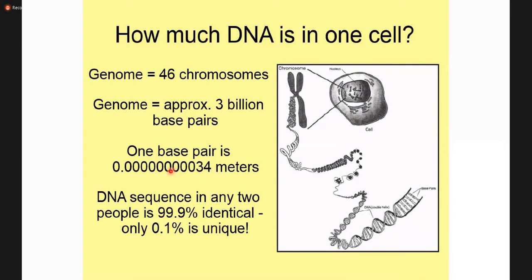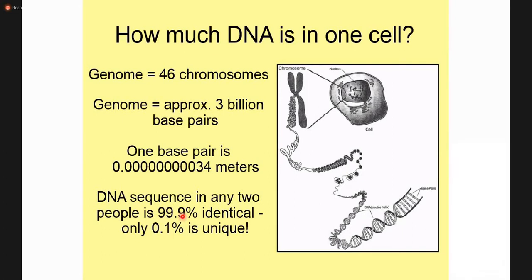One base pair is approximately 0.000034 meters, and the DNA sequence in any two people is 99.9% identical, whereas only 0.1% is unique. So what you need to understand here is that we exactly have 46 chromosomes, approximately 3 billion base pairs, and the DNA sequence in almost all human beings is identical, except 0.1% is unique.